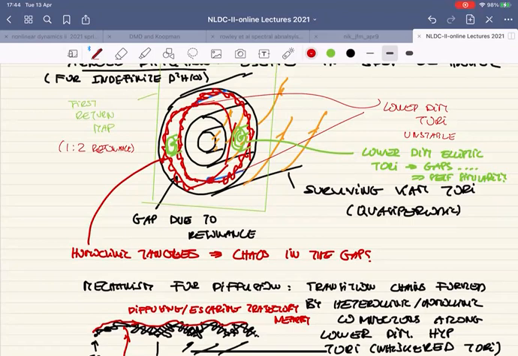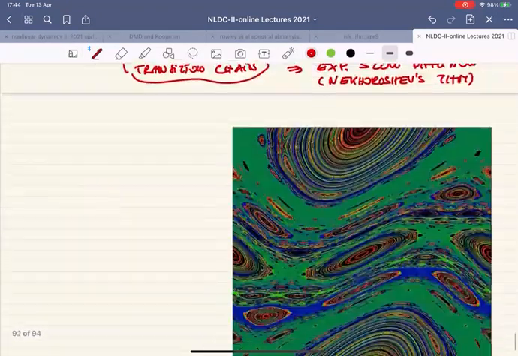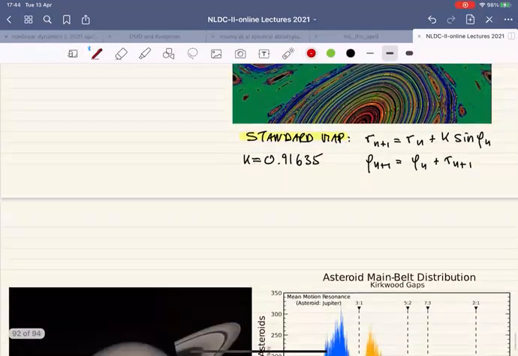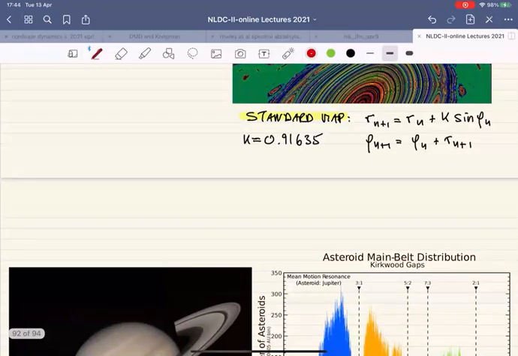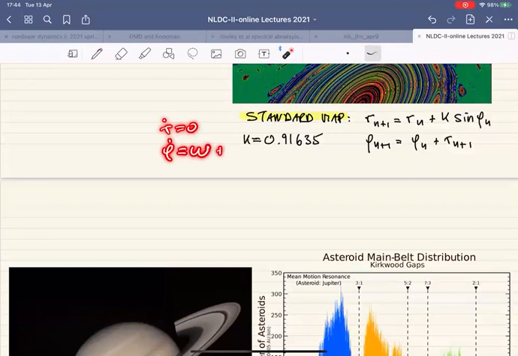There's no diffusion in 2 dimensions, but at least you get an idea of the nature of the picture. And the best classic model for that is a discretized version of the dynamics. Think of this as the r dot equals 0 and phi dot equals just omega plus order r.